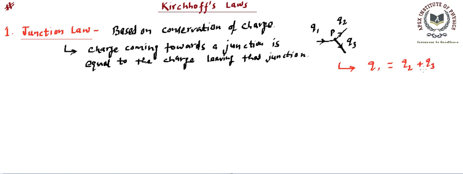So Q1 must be equal to Q2 plus Q3. That's what the junction law says, and that's very simple. At all junctions, incoming charge is equal to outgoing charge. If suppose Q2 is 0, then we will find Q1 will be equal to Q3. And that's an obvious point, right? In one conductor, the same charge flows in. So that's the important junction law. I hope that's understood. That's a simple one.